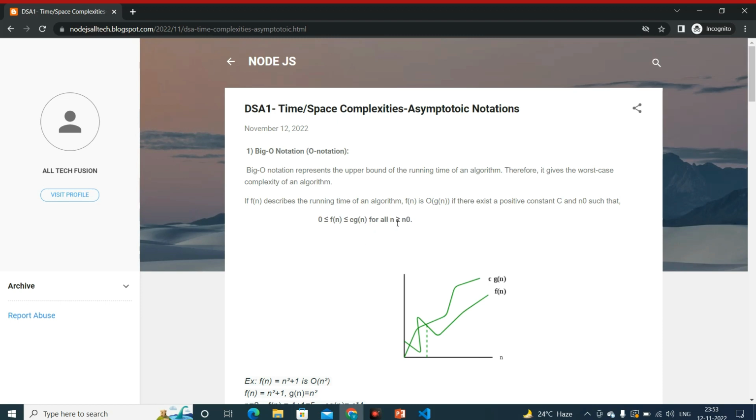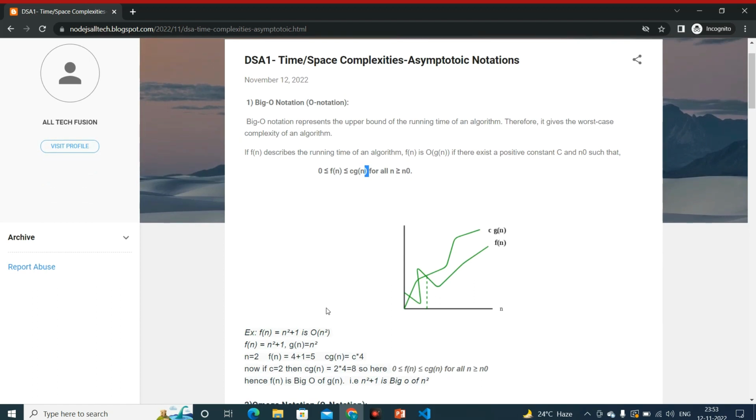That means for the value we find for n0, and for all values above that, it should fulfill this condition. Then we can say that f of n is big O of g of n. I think many people are still confused, so I have one example.